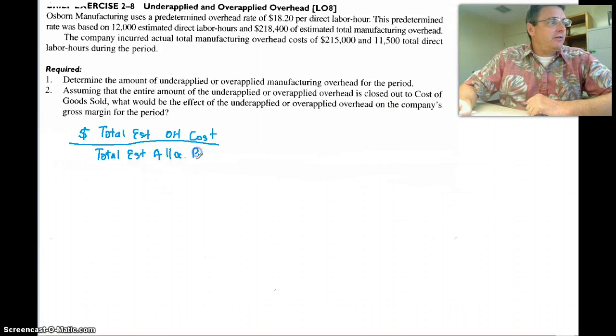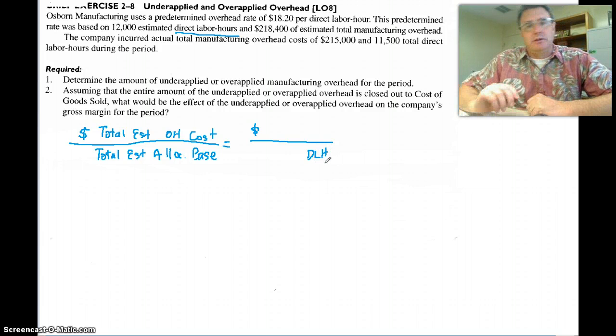In this case, what's our allocation base? It tells us right here, direct labor hours. So we know that in our numerator is going to be a dollar amount, and our denominator is going to be direct labor hours. So now can you fill those two in?